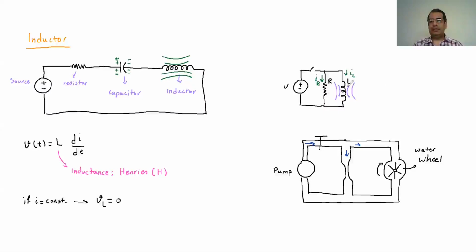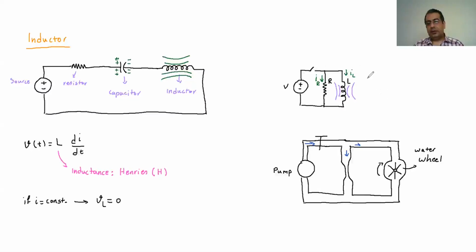So it releases its energy into this right part of the system to prevent the current drop until all of its energy goes to the resistance and eventually dissipates in the resistance, and then it's gone. All of its energy goes away. So this is how that inductor works.